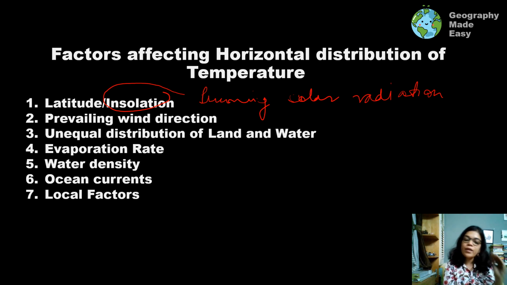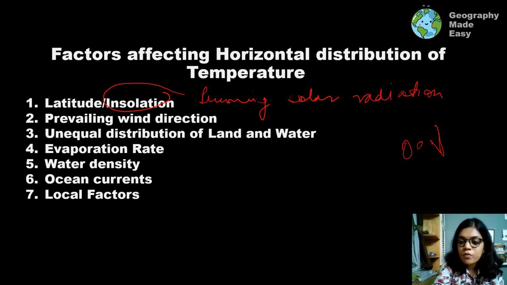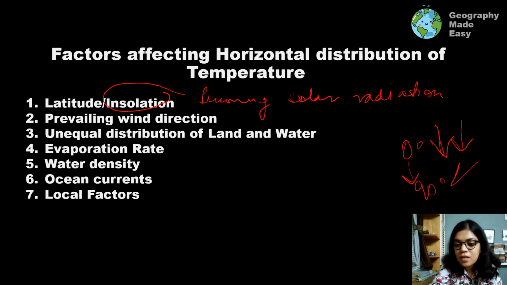Near the equator, we know that the sunlight which reaches the earth's surface is much more. The rays are straight, and as we move towards the poles, the sun rays become slanting. So this is also a reason why the amount of insolation received near the equator is much greater than the insolation received near the poles.